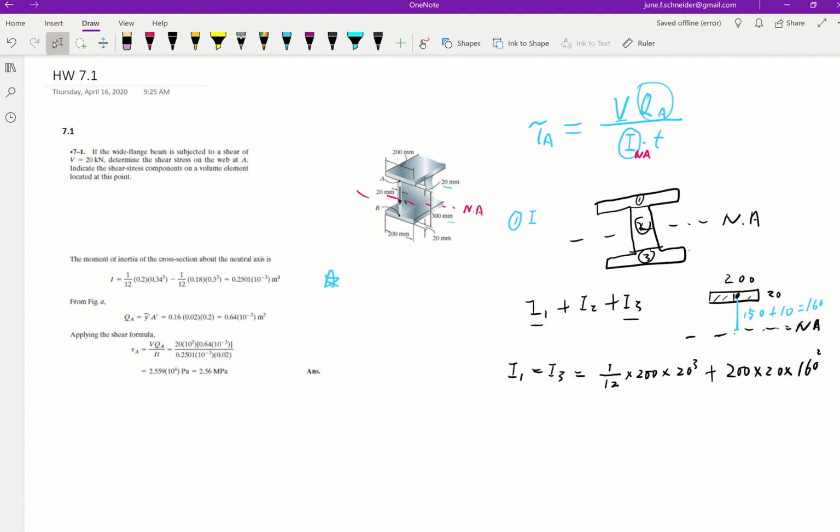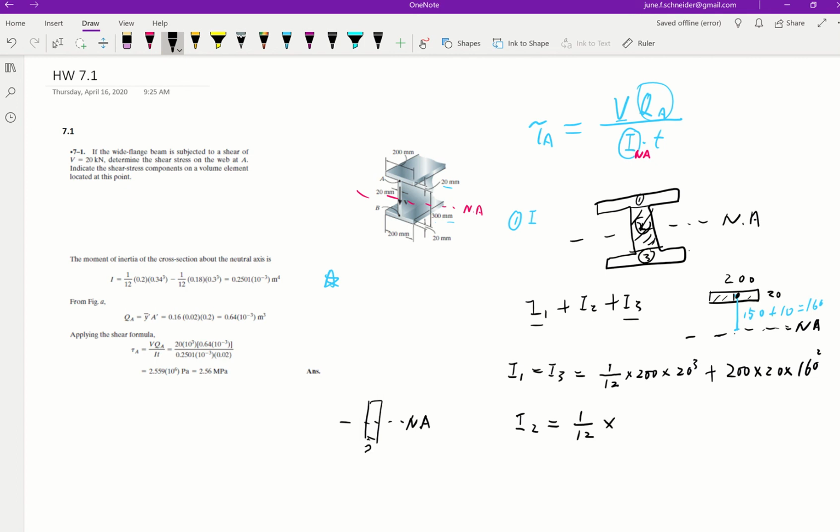That's I1 and I3. And of course, when we're trying to find I2, it's just going to be this shape. If you look at I2 and the axis you are rotating about, it happens to be its own central axis. So in that situation, it's just going to be 1/12. Now let's put our dimensions here.